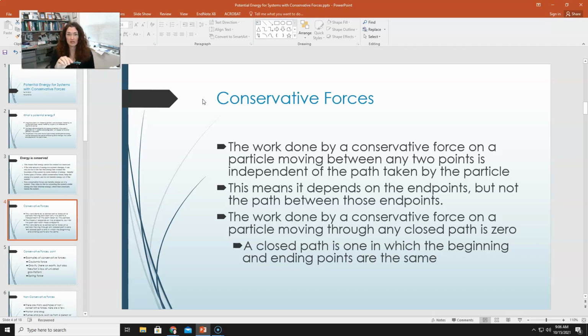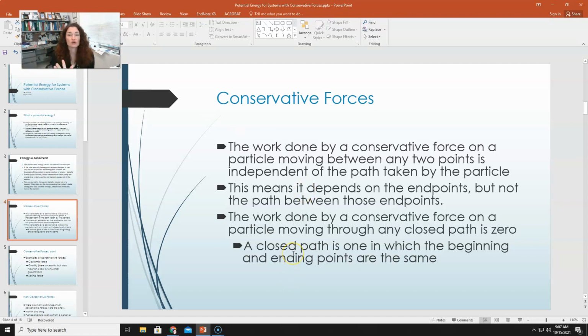Now also it means that if I start this pen in one position, move it through some change, and then bring it back to the same position, that for that total cycle, that total round of motion, gravity has done a net zero work, right? It did a certain amount of work on the pen going up, but then that same amount of work in the negative was done going down, and so the net sums to zero.